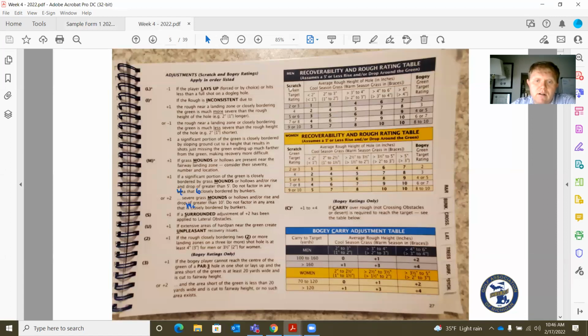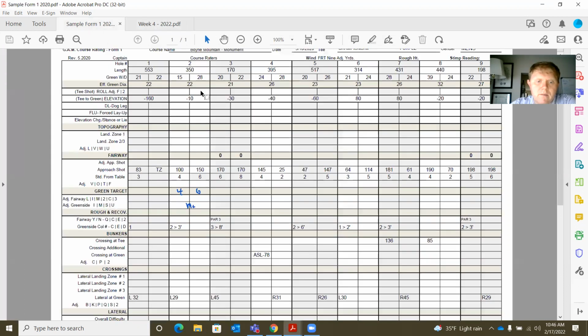So for scratch, our target is 4 and 2-inch rough, that's going to get us a value of 4. And then for bogey, 2-inch rough gets us a value of 6. So it's 4 and 6. And then plus our M plus gets us to a 5 and a 7.